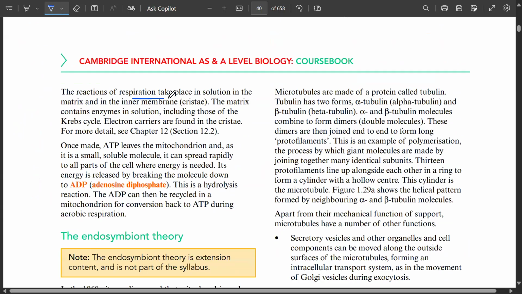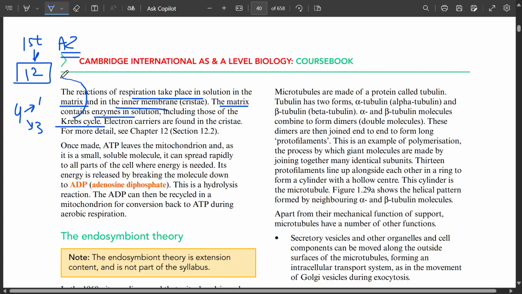The reactions of respiration take place in the matrix and inner membrane, which you'll study in A2, chapter 12. Aerobic respiration has 4 steps. One of them takes place in the matrix, and 3 of them take place in the inner membrane. The matrix contains enzymes which are also used in the Krebs cycle. Again, no detail needed. It will be studied in A2.